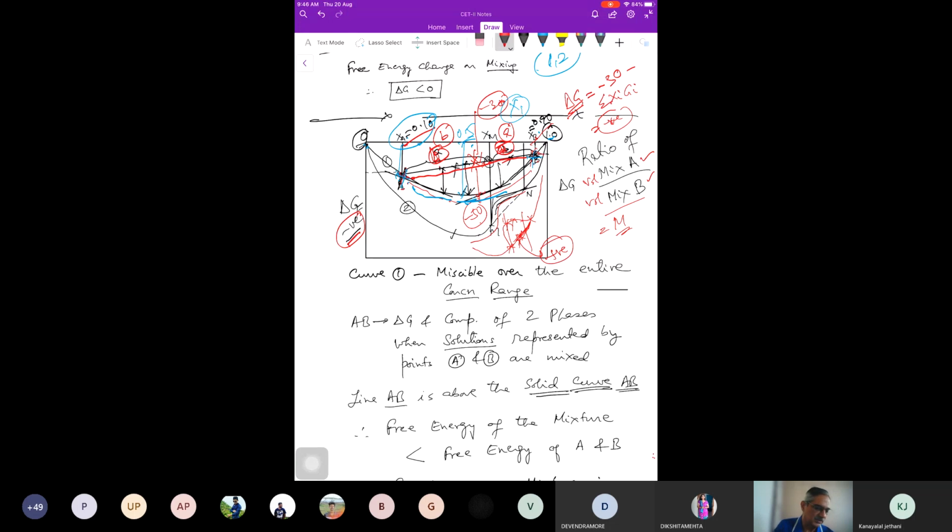If I mix anywhere else, it is fine, everywhere it is going to be the same, but in this region it is going to be unstable because this curve is bending like this and the delta G of the mixture will come below the curve, not above the curve.